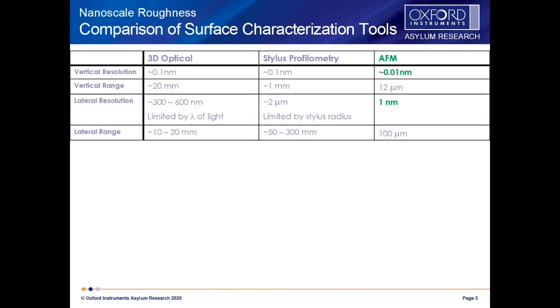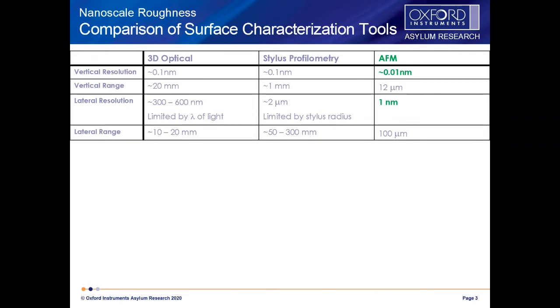The lateral resolution is where AFMs are significantly better, sometimes by over 1,000 times better than any other technique. Now, it's quite obvious that in any optical technique, your resolution is going to be limited by the wavelength of the light that is used for the measurement.